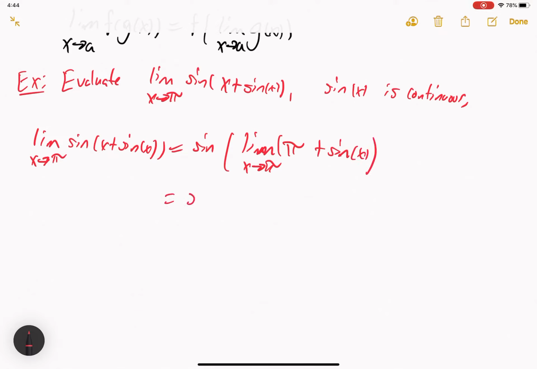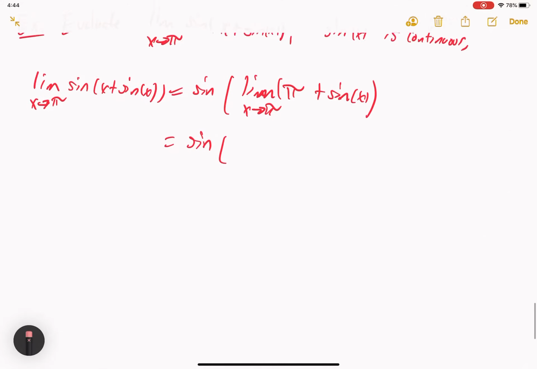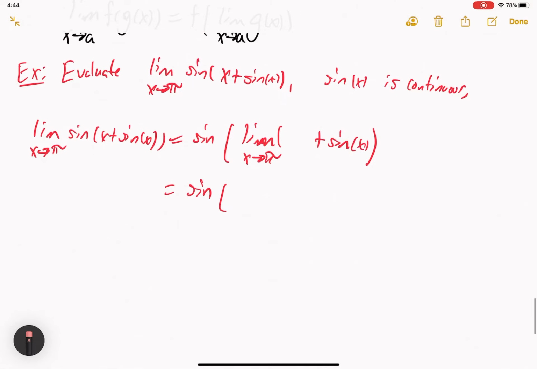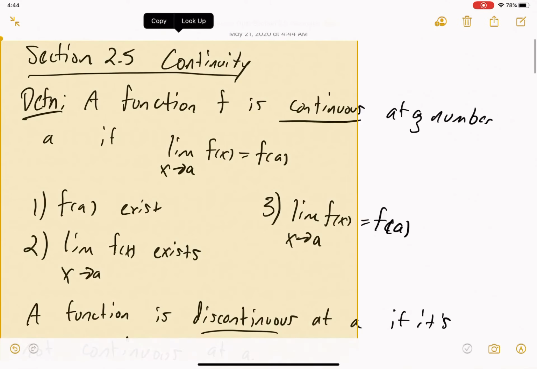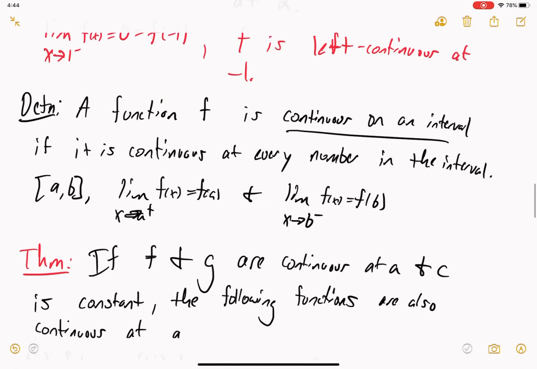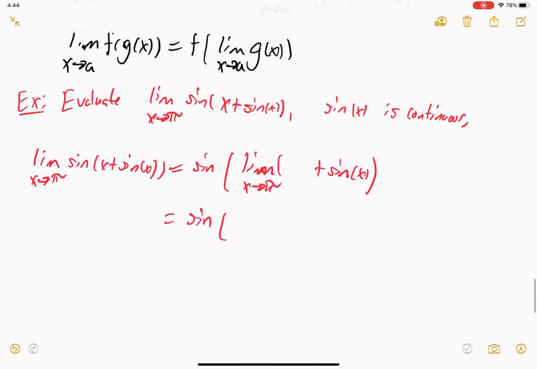And this will be equal to the sine of, whoops, that's not supposed to be a pi right there. This is supposed to be an x right here. So again, going from this step to this step, all I did was move the limit on the inside, and now we're actually going to take the limit.